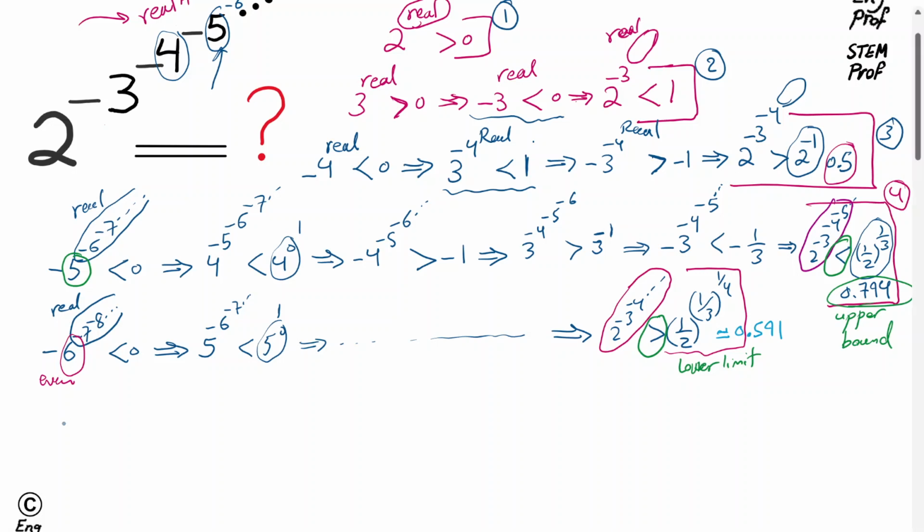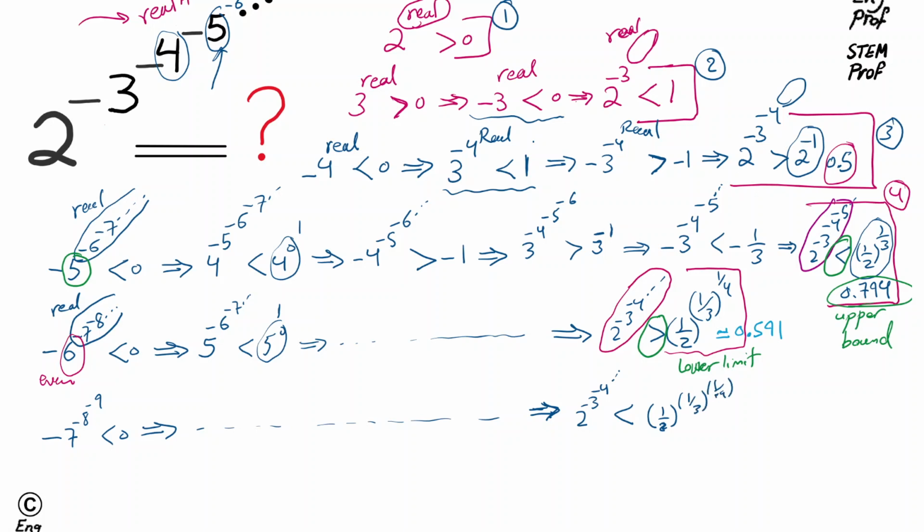So next time we do this, for example, starting from -7, -8, -9, starting the reasoning from there, and we keep doing so, we actually end up finding an upper limit or bound for the target number that we have in mind. So we find it to be less than 1 over 2 to the power 1 over 3 to the power 1 over 4 to the power 1 over 5.